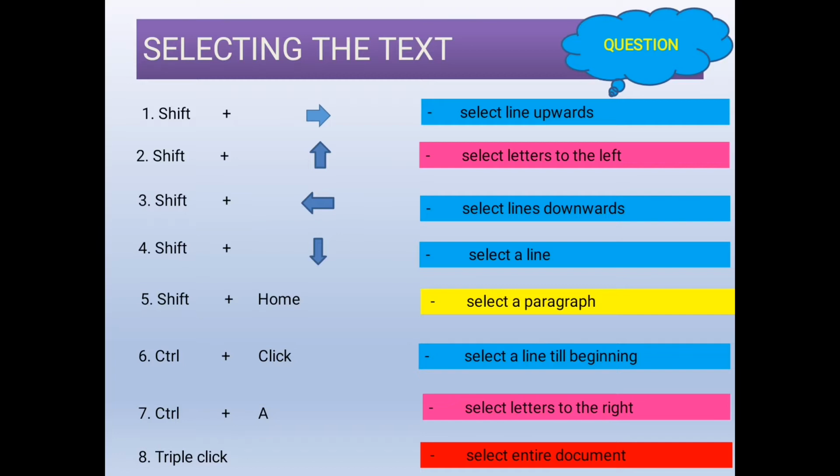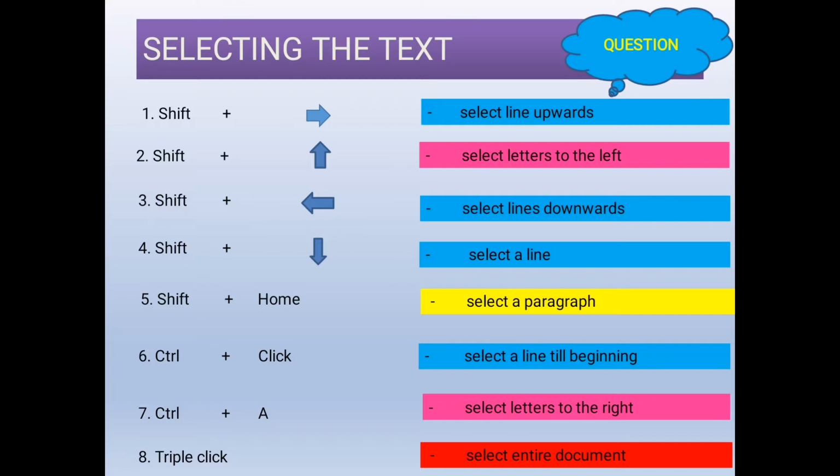For these 4 options we are going to use the select option. There are 7 types of selection. What are they? Shift right, shift upward, shift downward, shift left, shift plus home, shift click, control A, triple click.